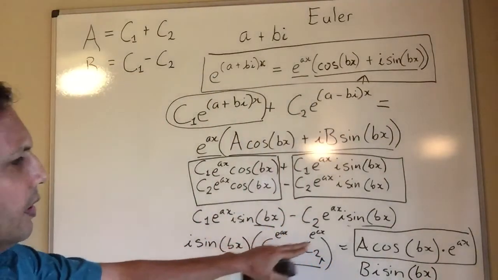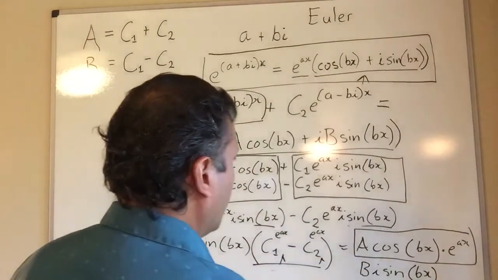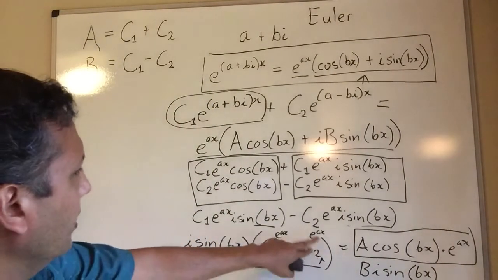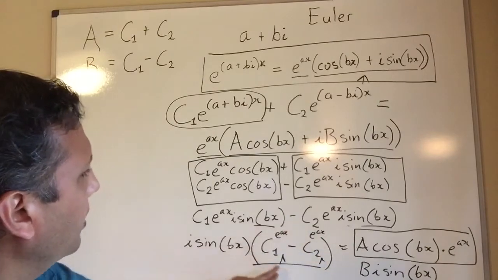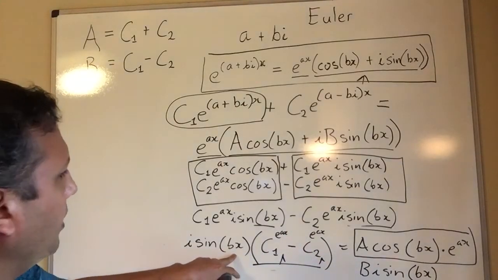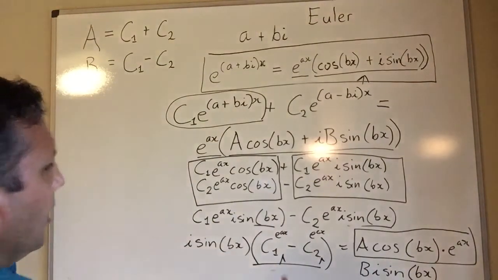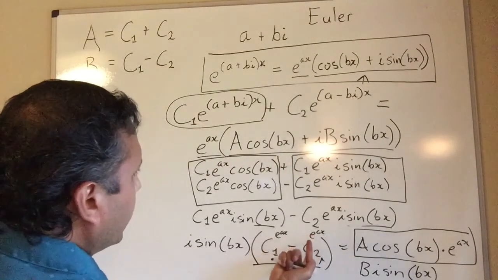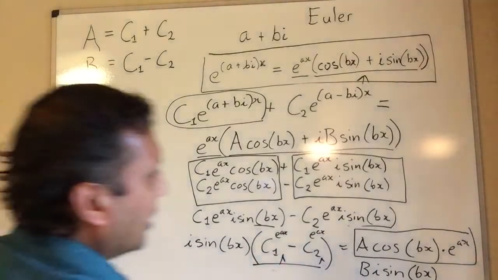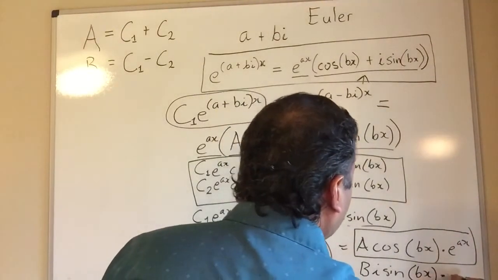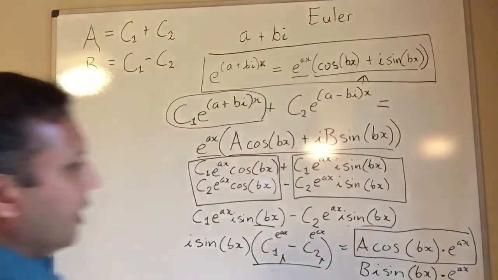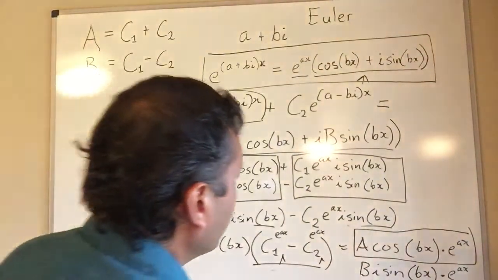Times e to the ax, because this is b, this value now becomes b, times i sine bx, and I also will be taking out the e to the ax from here and putting it out here. So that becomes e to the ax.